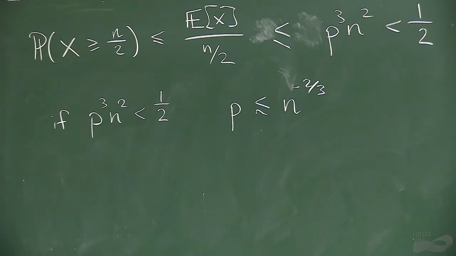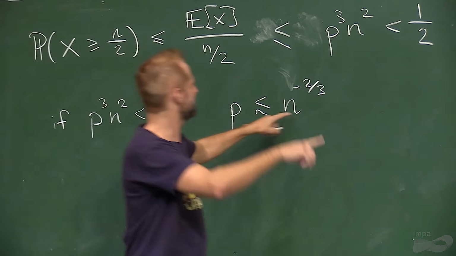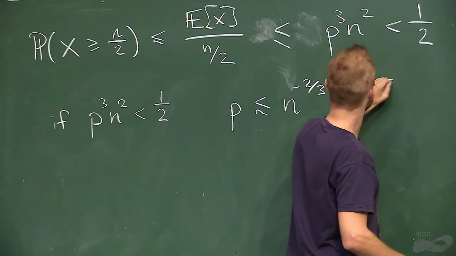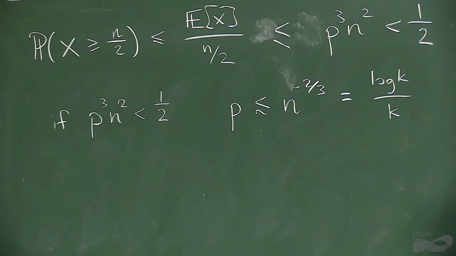Okay. Why are we now happy? Because what is n to the minus 2/3? It's log k over k. Right? That's how we chose it.